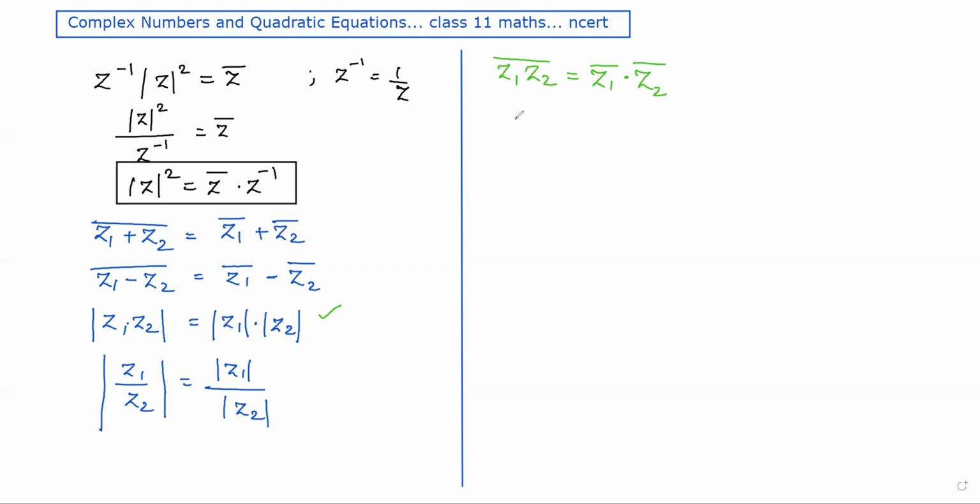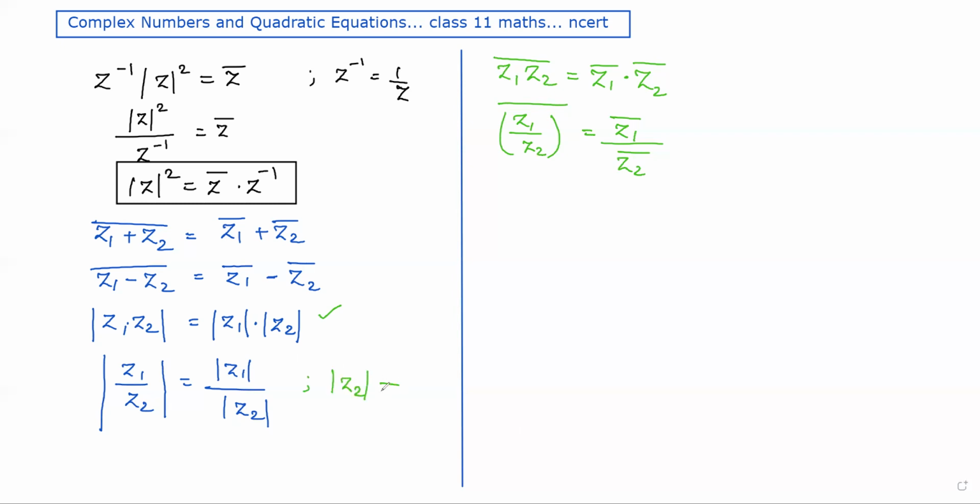Division rule says if you take Z1 upon Z2 and then take the conjugate, that is equivalent to taking Z1's conjugate upon Z2's conjugate. Here in the division rules, it's compulsory to write that the denominator is not supposed to be 0.